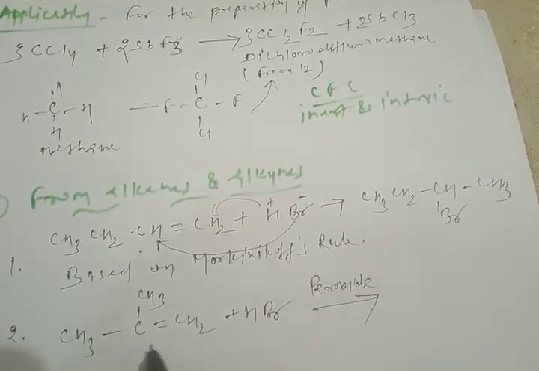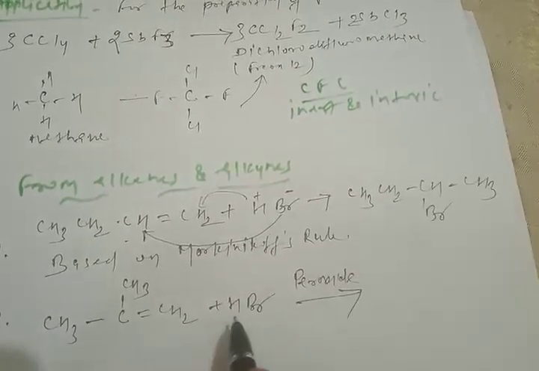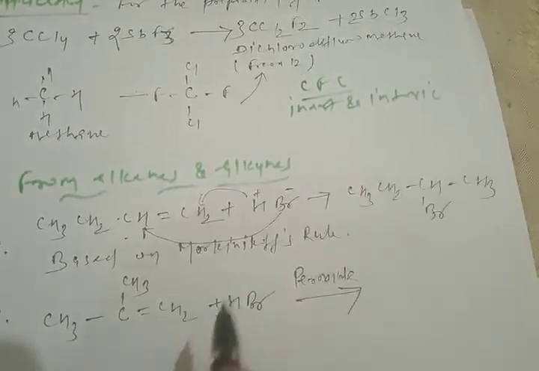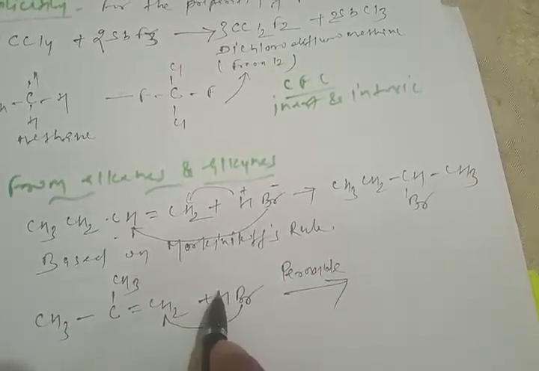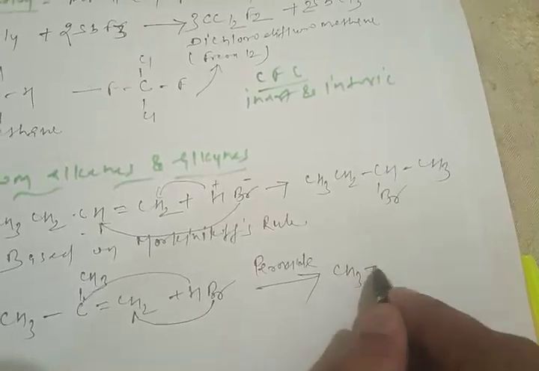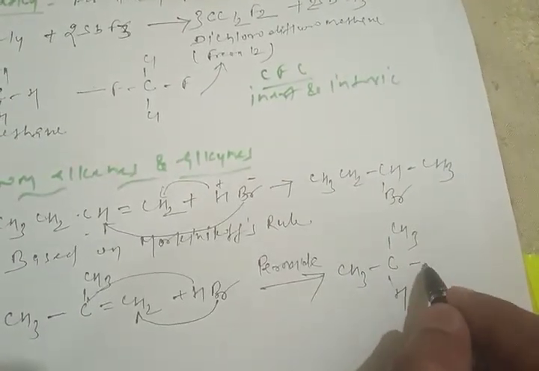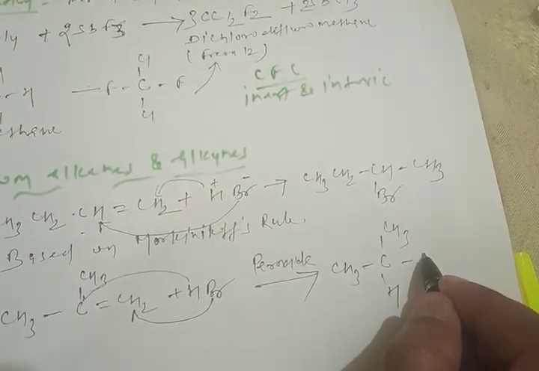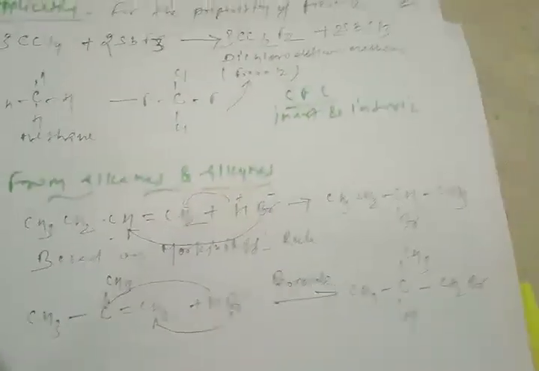So the negative part will go to this side, and the positive one will go to this carbon. I am not going to discuss this in detail because we had already completed it in our previous units. So this is from alkenes.